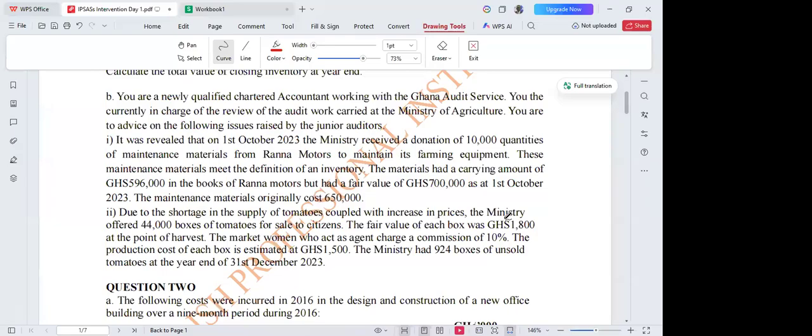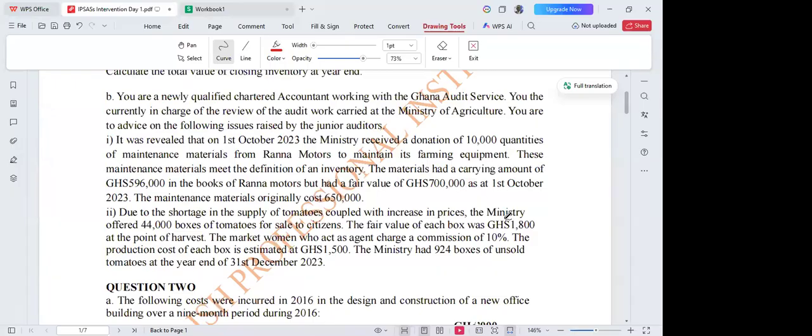These maintenance materials meet the definition of an inventory. The materials had a carrying amount of 596,000 in the books of Rana Motors, but had a fair value of 700,000 as at 1st October 2023. The maintenance materials originally cost 650,000.